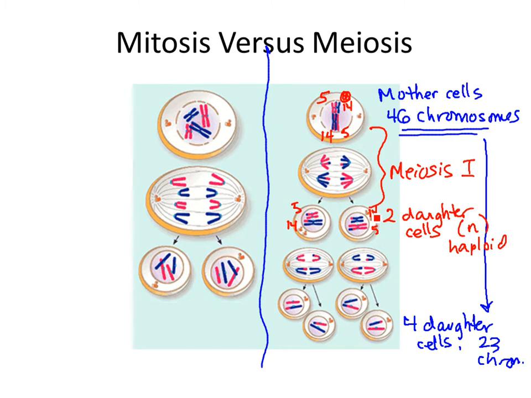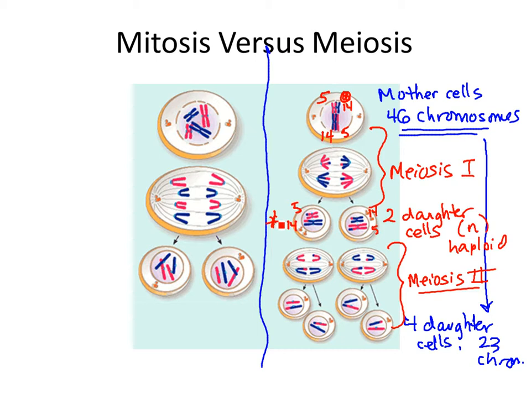So the next phase, which is called meiosis 2, each of these daughter cells from meiosis 1 will divide, and those duplicated copies get split and sent to different daughter cells.